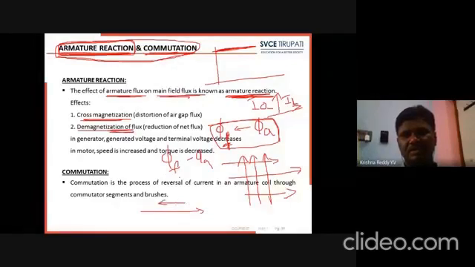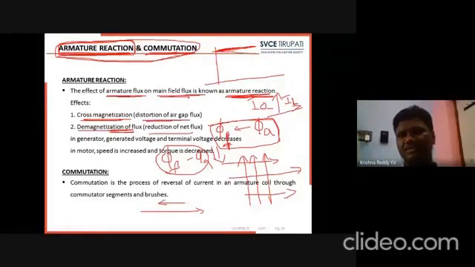That reduces the flux, giving reduction of net flux or distortion of the air gap. That's why we are getting the reduced amount of EMF, because the induced EMF is directly proportional to the flux, E equal to phi Z N by 60 into P by A. As the flux decreases, induced EMF decreases.